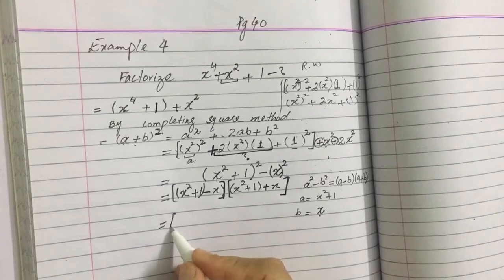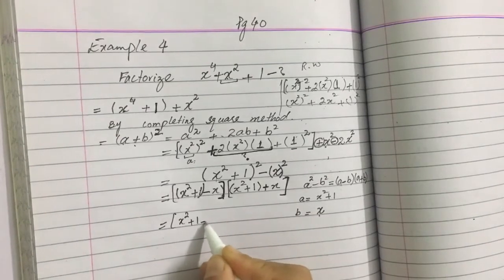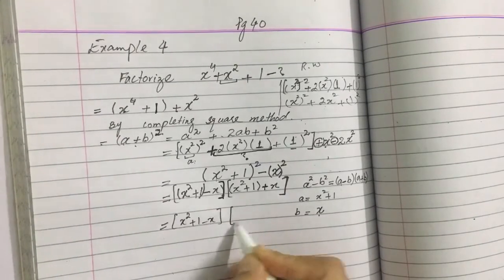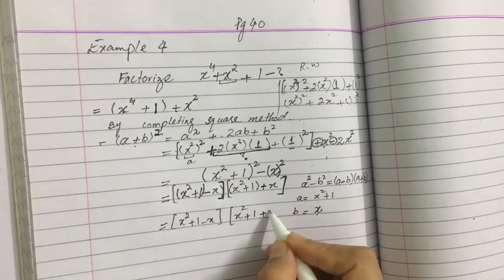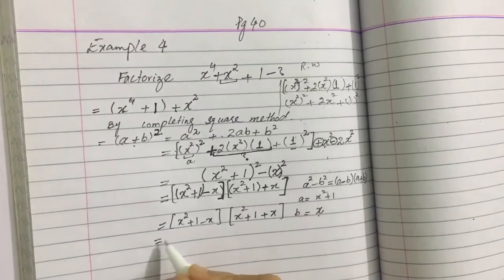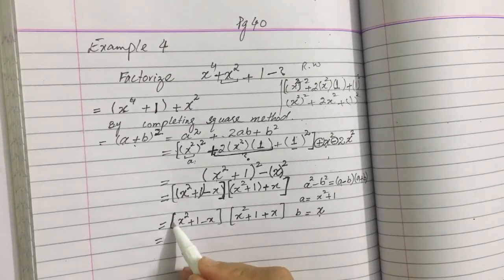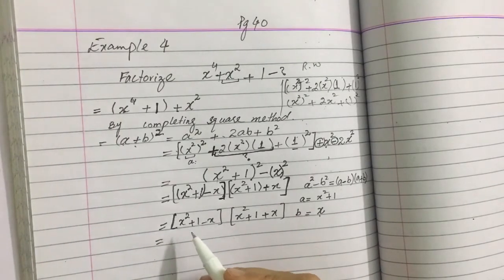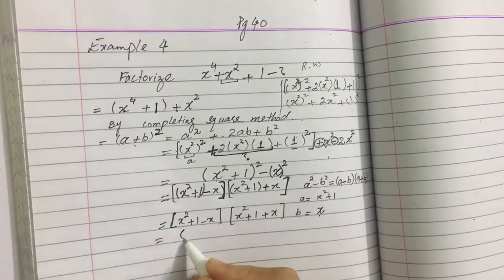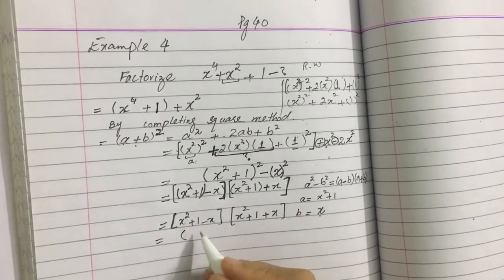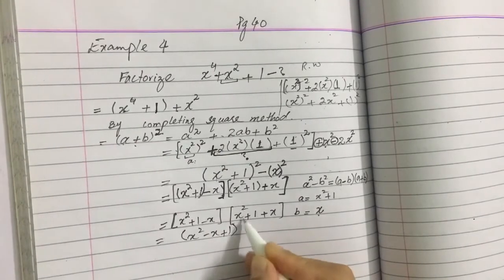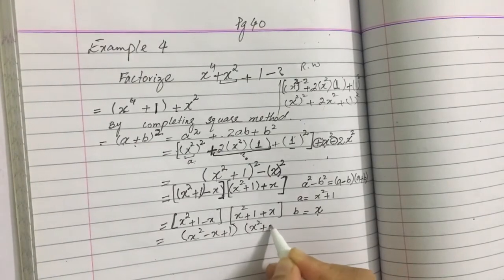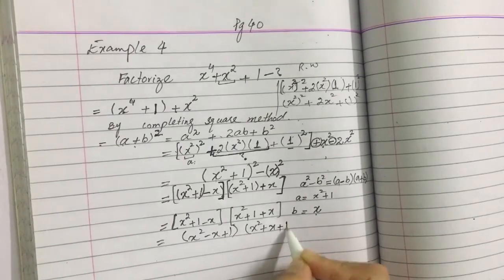Now open this bracket: x square plus 1 minus x, square plus 1 plus x. I have put a square bracket here, but when there is only one bracket we will use a round bracket. (x square minus x plus 1) into (x square plus x plus 1).